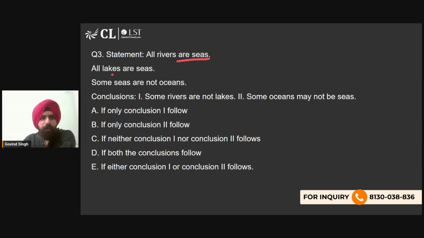All rivers are seas, all lakes are seas, some seas are not oceans. There are two conclusions.